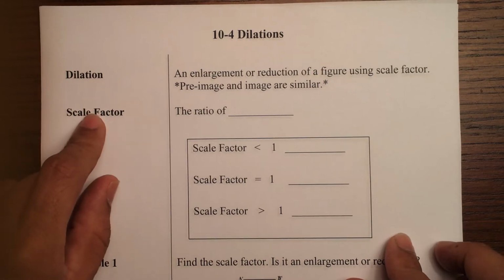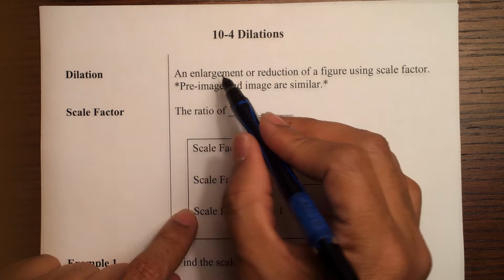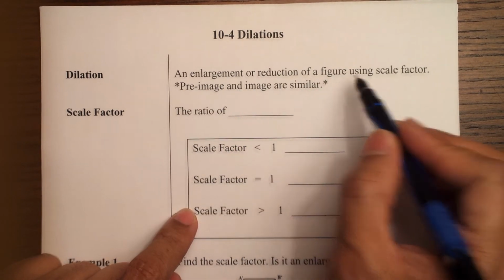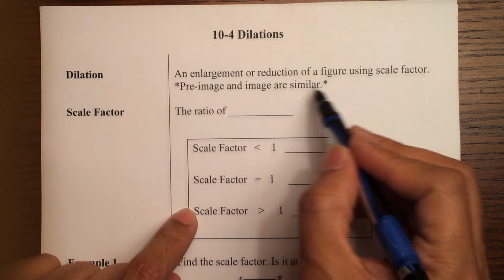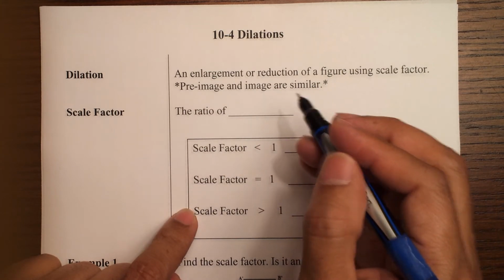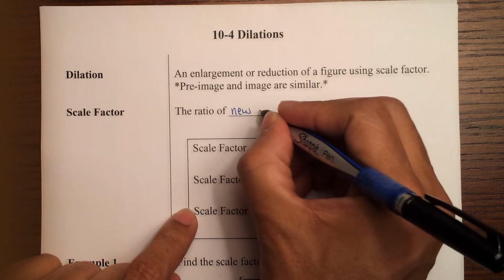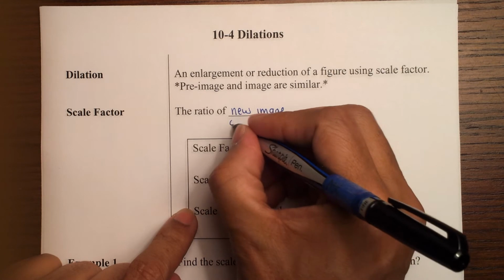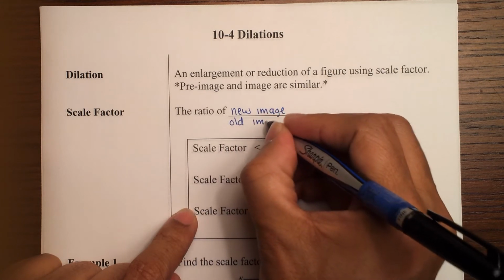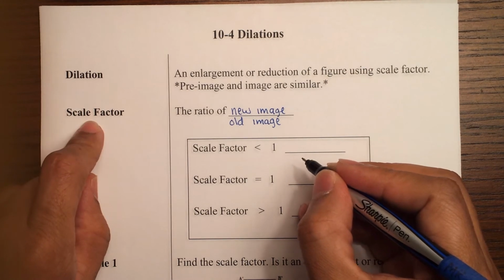Okay, so this tutorial will cover dilations, and a dilation is just an enlargement or reduction of a figure using a scale factor. The pre-image and the image are similar, and the ratio of the new image over the old image is the definition of a scale factor.